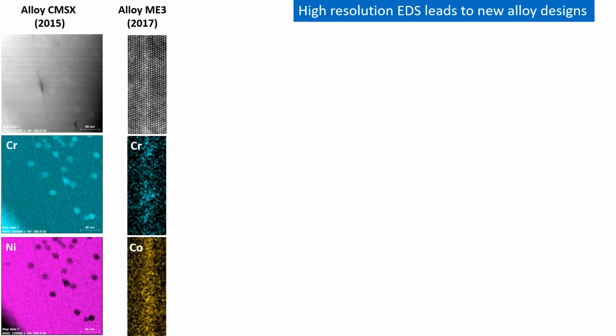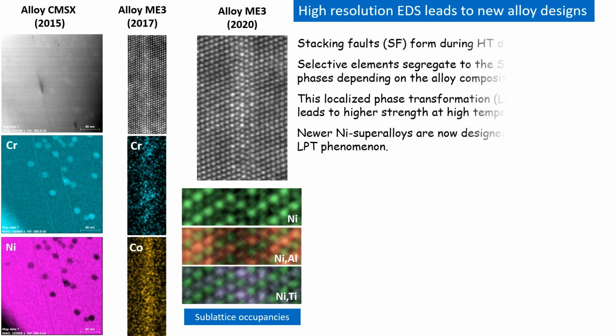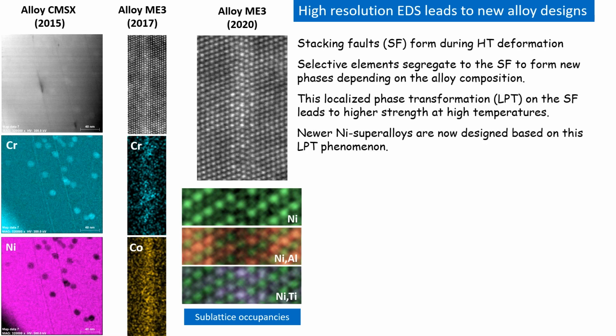Then we saw similar-looking segregation of not only chromium and cobalt, but other elements either segregating to the stacking fault or leaving the stacking fault. So more and more superalloys were identified to have the same stacking faults forming during the deformation of these alloys. And when the resolution of the microscopes improved, we could actually see what is happening in the stacking fault.